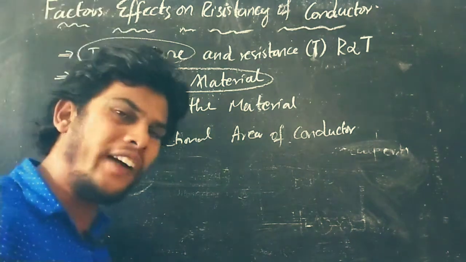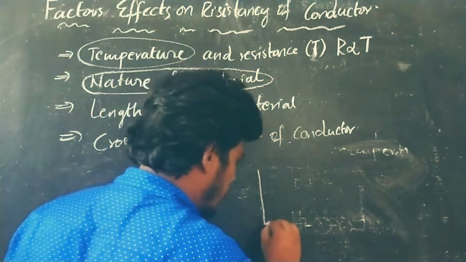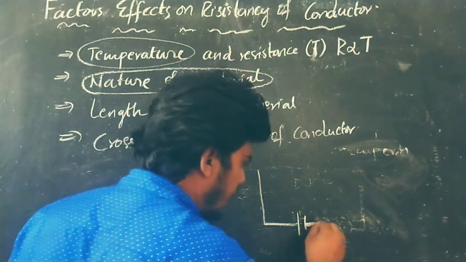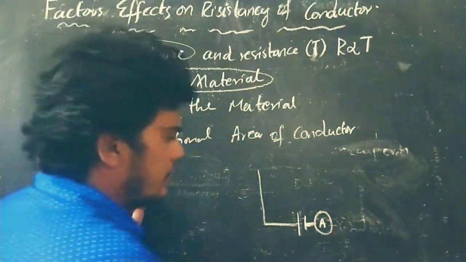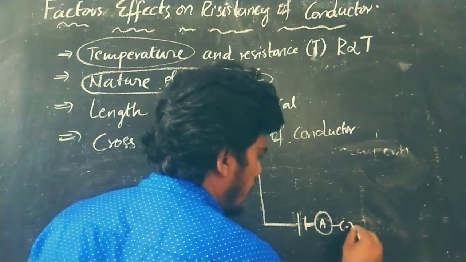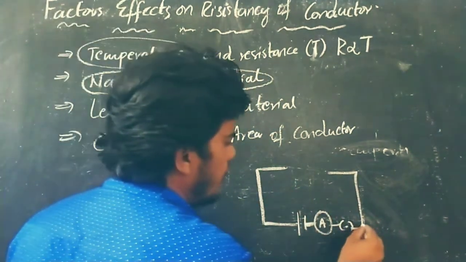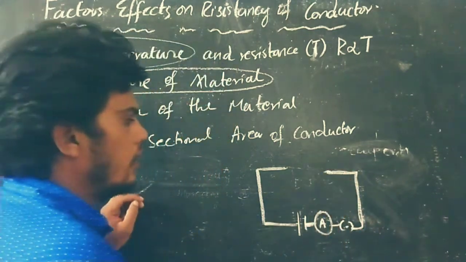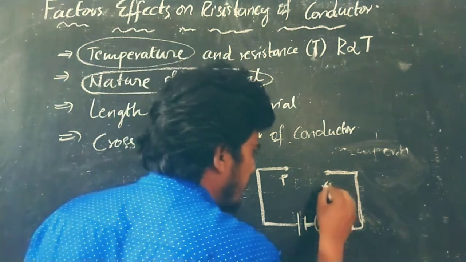To find out, let's do an activity using a simple circuit. It is a battery, an ammeter, a key, and two connecting wires. The ends of these two connecting wires are left free. This end is the P end of the connecting wire, and this is the Q end.